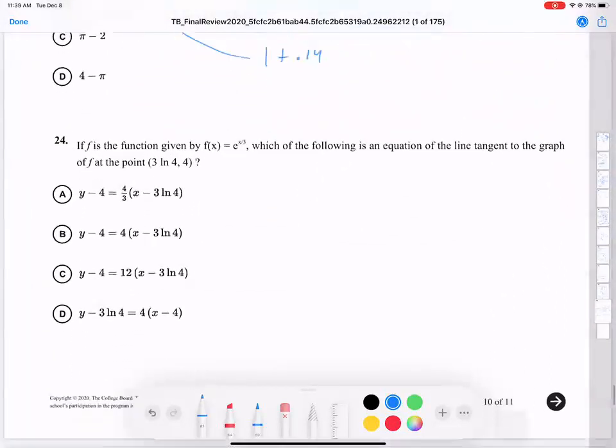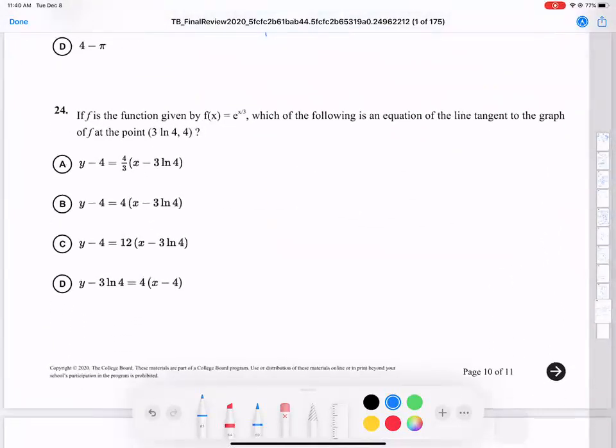Okay. Let f be a function given by f of x is equal to e to the blah blah. Find the equation of the tangent line to the graph. Okay, so the tangent line is y minus y1 is equal to m times x minus x1. So we need our x and y point. They did give us our point: y minus 4 is equal to m times x minus 3 ln of 4.